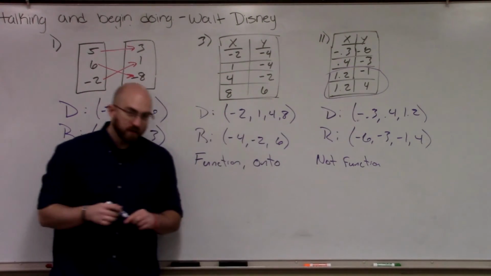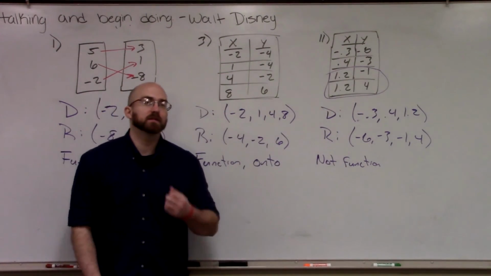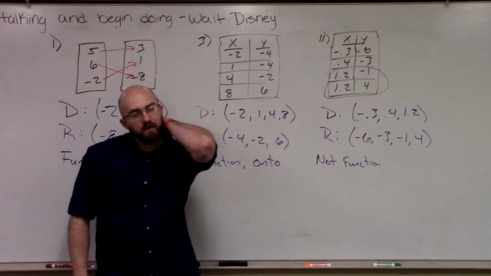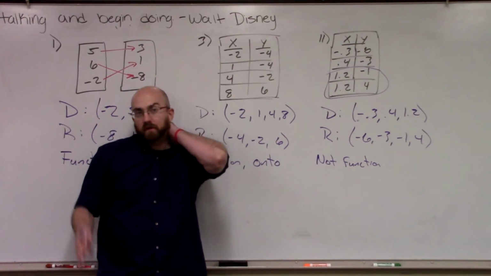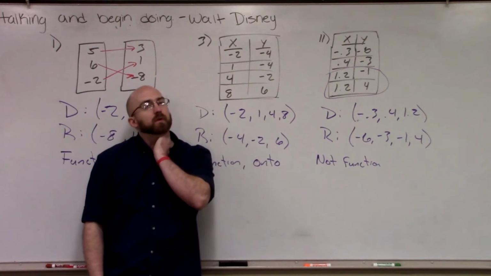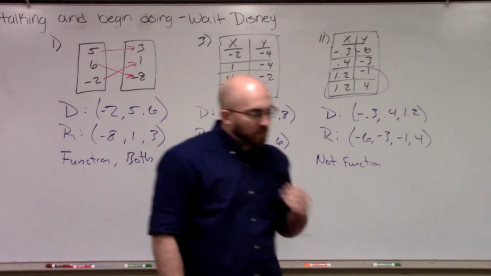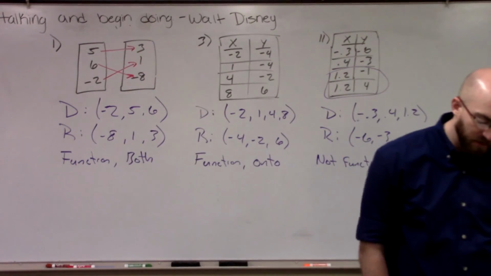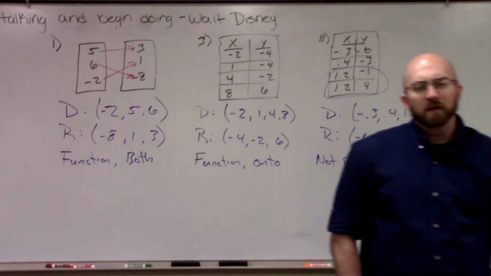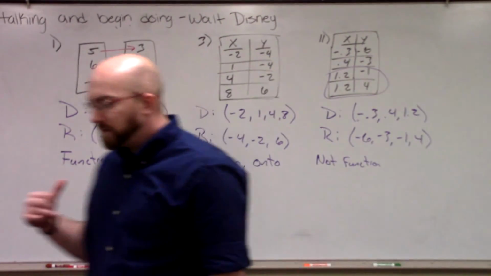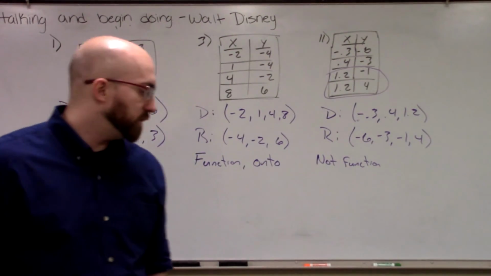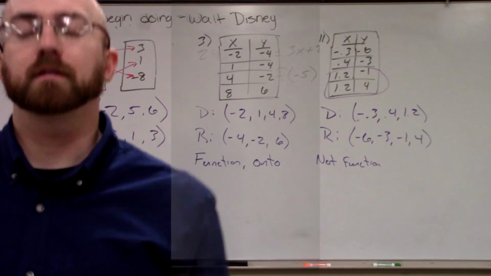I have two values of my domain, 1.2, twice, and they equal two different values. So if I were to draw a vertical line, it would go through it twice. So this one's not a function based off that. That's basically function, domain, range. Pretty easy guide. So I'm going to go ahead and erase this, and then we'll start in function notation, which is something I need to add.